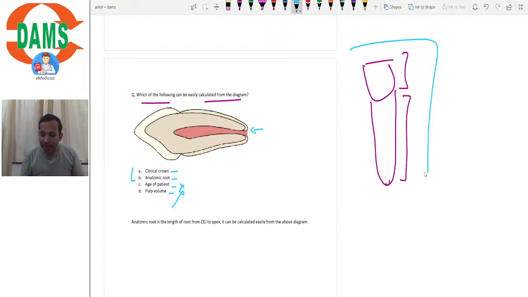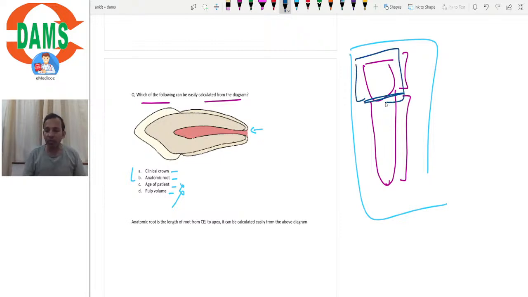So in this diagram, we can clearly say that this is the cemento-enamel junction. So anything above this has to be the crown. Anything below this has to be the root. So this is the definition of anatomic root and anatomic crown, isn't it?